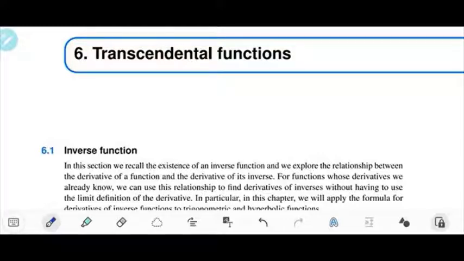So we start first by recalling the definition of an inverse function and the differentiation of the inverse function.